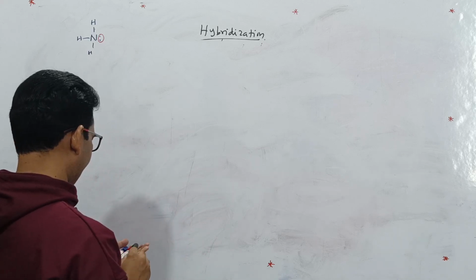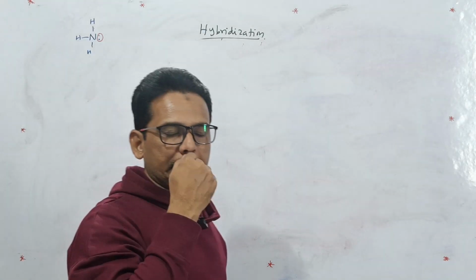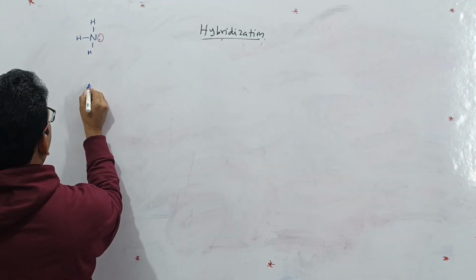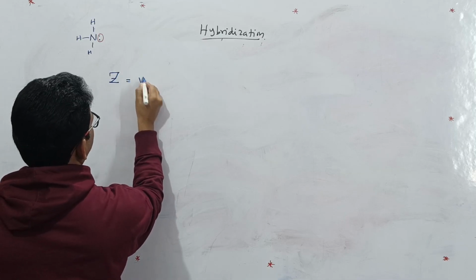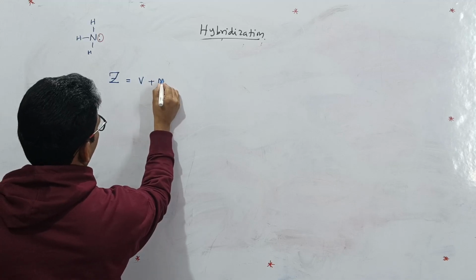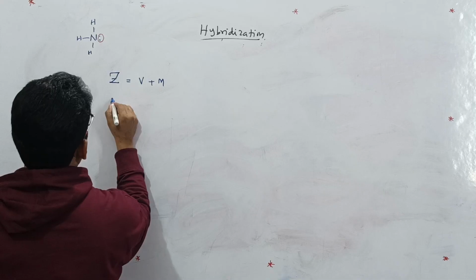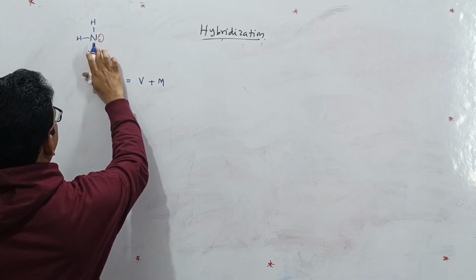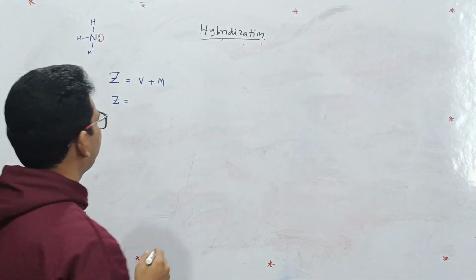Then how can we write the hybridization for this one? First, I gave one formula in the last class: Z is equal to the type of hybridization, that is, Z is equal to the valence electrons of the center atom plus the number of monovalent atoms. Here the center atom is nitrogen. What is the valence electron count of nitrogen?